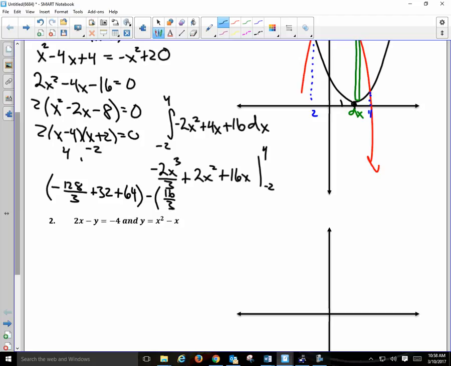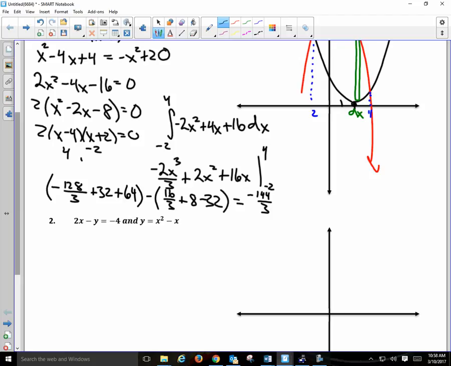Negative 2 squared times 2, and then a minus 32. What is negative 128 minus 16? Negative 144 over 3, which is divisible. You get negative 48.